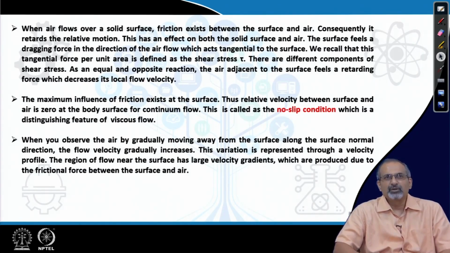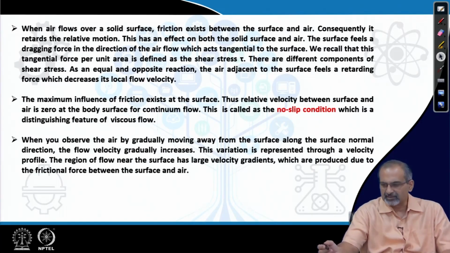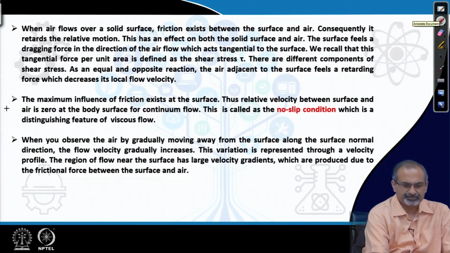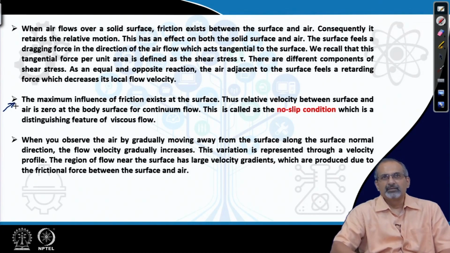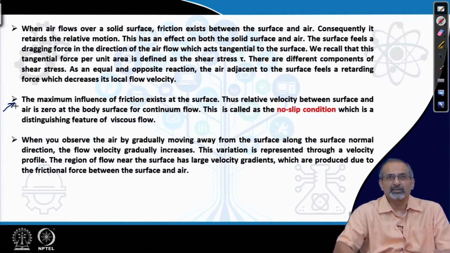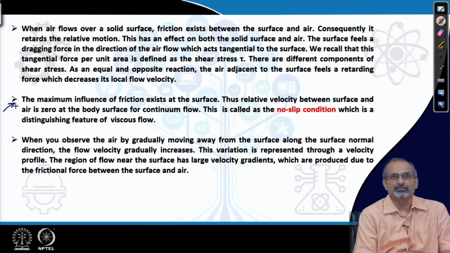The maximum influence of the friction exists at the surface. This is a very important point. The effect is not equally felt everywhere, it is maximum at the surface. Thus, the relative velocity between the surface and the air becomes 0 at the body surface for continuum flows.